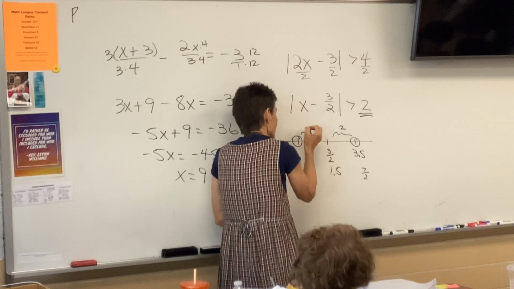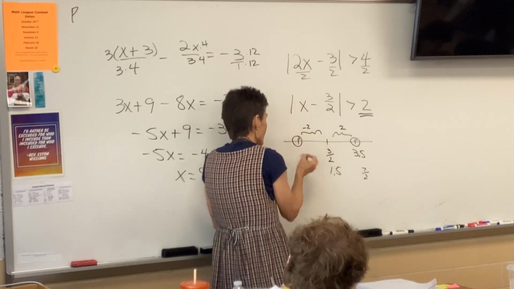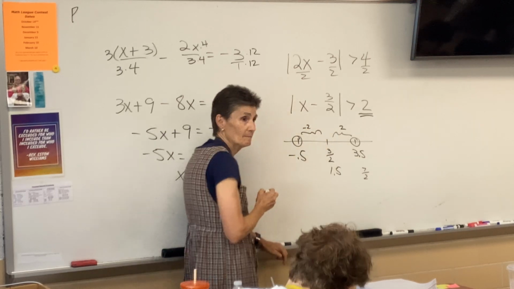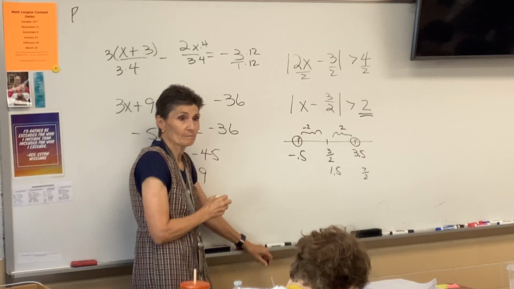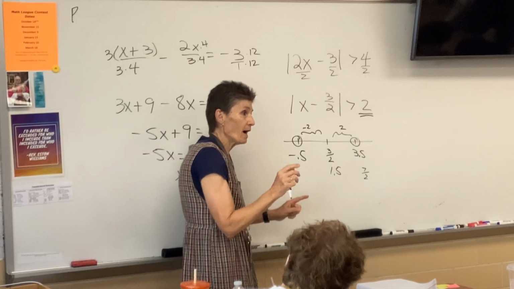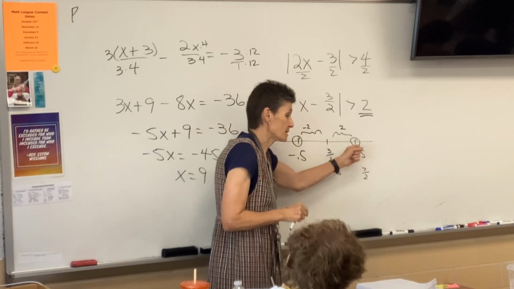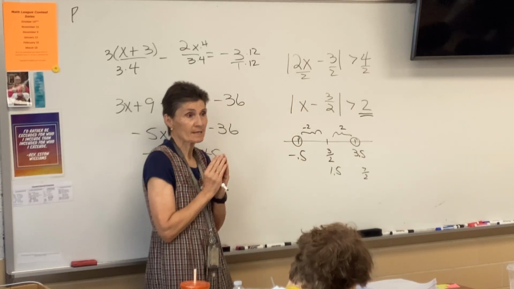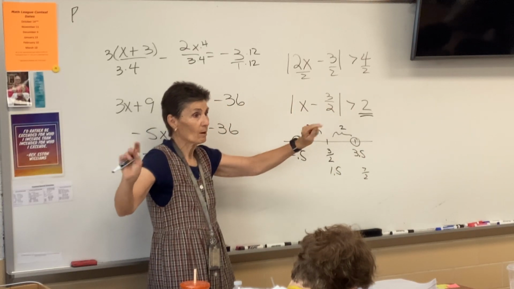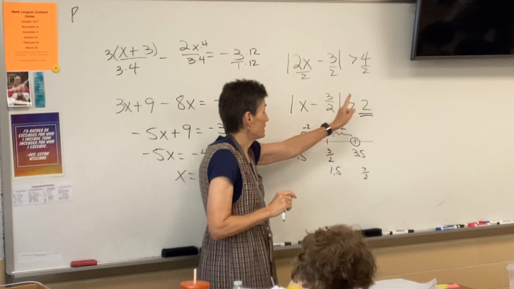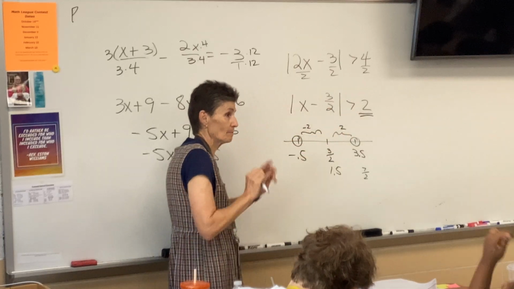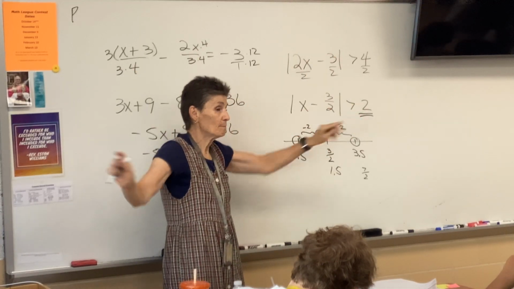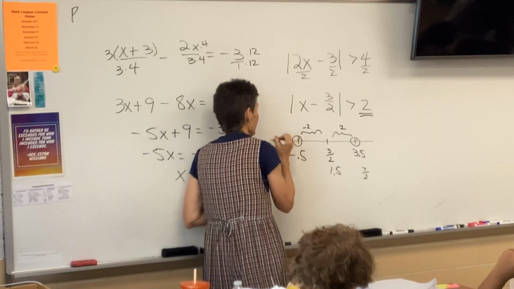And now we're going to subtract 2 this way, so we'll be at -1/2. Two dots, always shaded inside or out. Since it's a greater than, we know greater than means out.